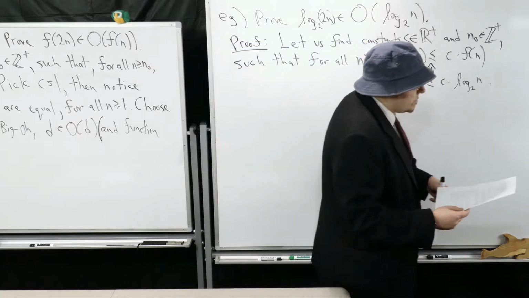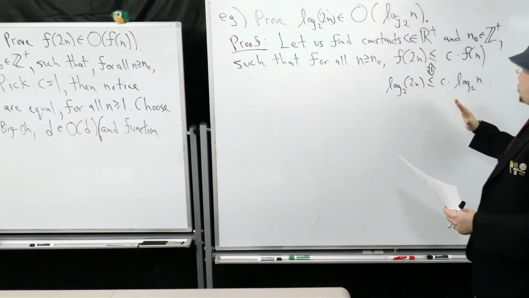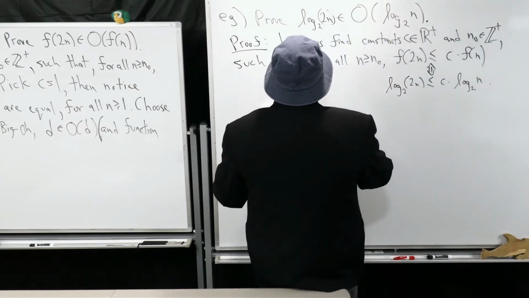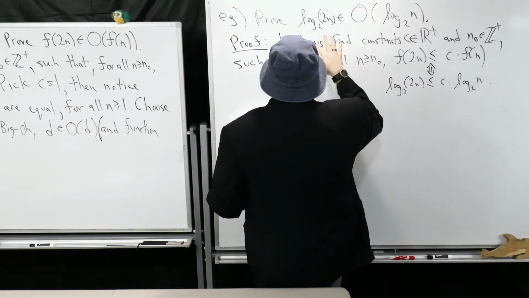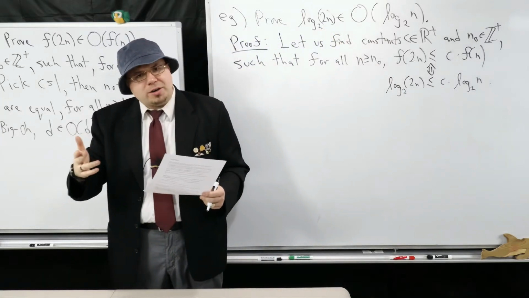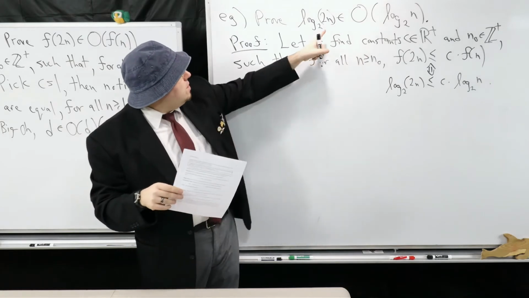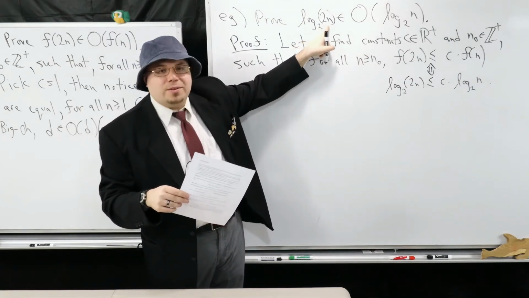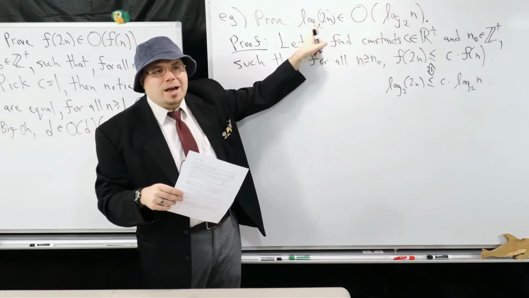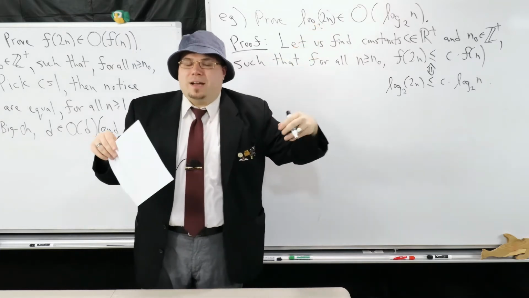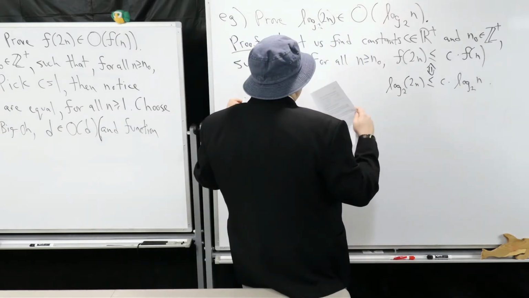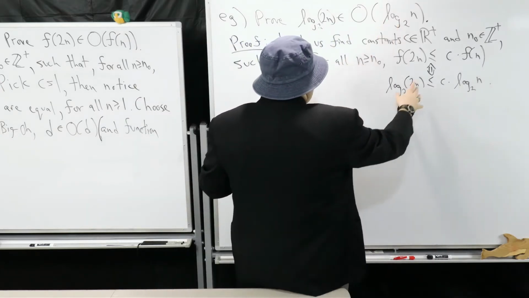I'm going to pick c is equal to 2. Why? Because I might see if I can make something out of these terms, because I know a nice property of logarithms, the so-called product rule: if I have a product inside of a logarithmic term, I can split it into sums. That's the main strategy I'm going to use here. I'm going to try to make something that looks like that on this side of the inequality.